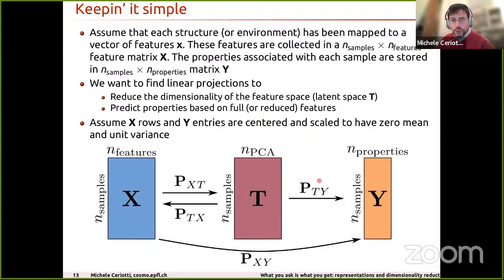And you can also, and this is an interesting exercise, do a linear projection using the latent space as inputs. This means that you use only the low-dimensional description of your system to determine the value of the properties that you want to predict.